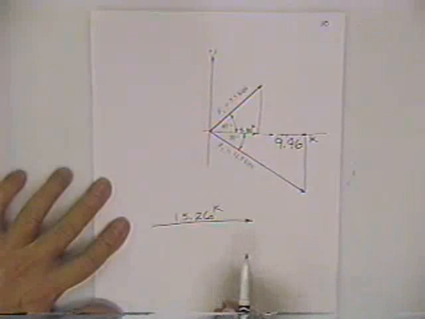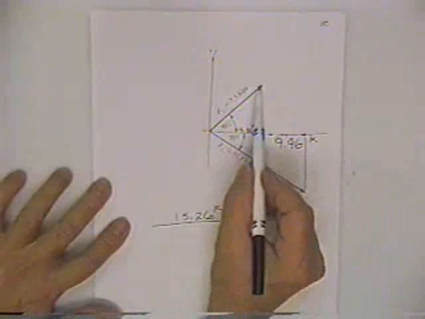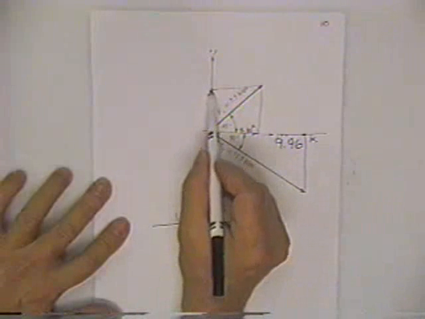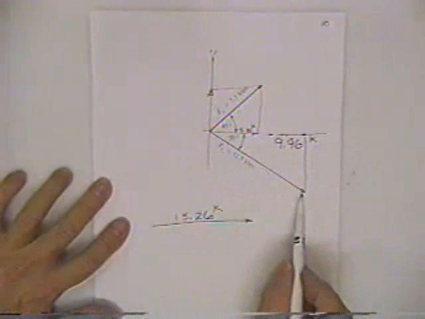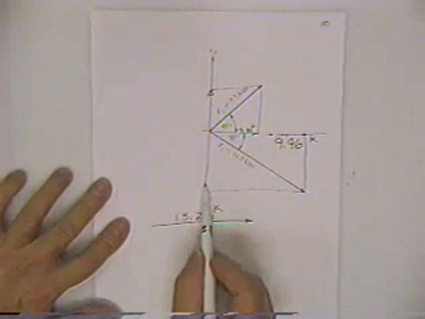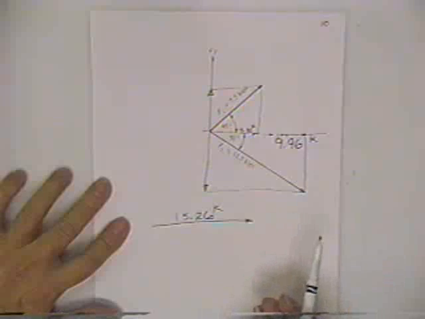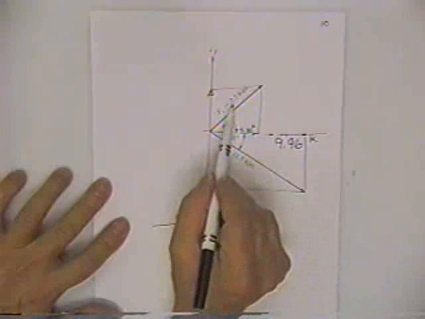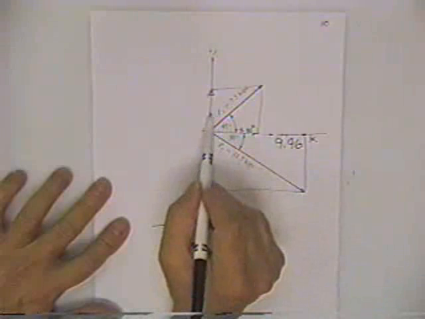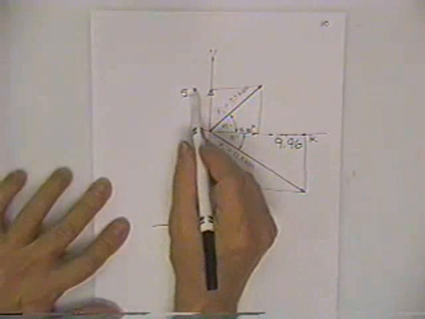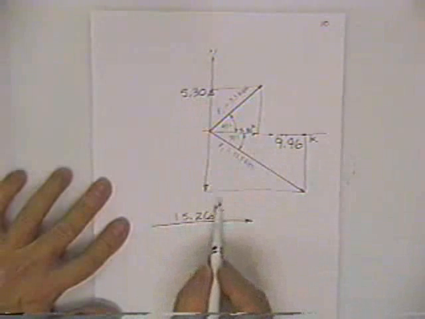Then we do the same thing for the vertical components. Draw a box and get the vertical component. We draw a box, we get the vertical component. They look about the same, really, assuming they were drawn to scale. If you multiply 7.5 times the cosine of 45 degrees, you get 5.30.